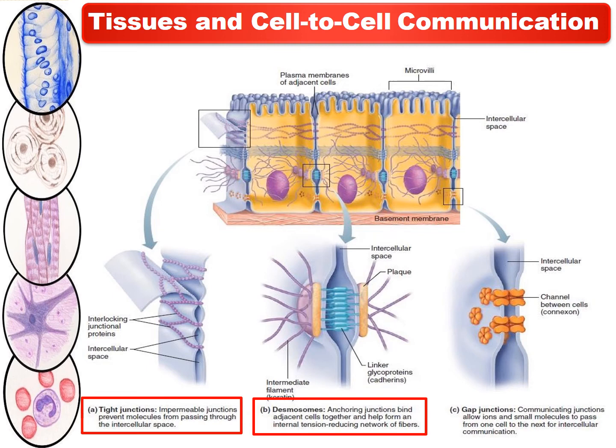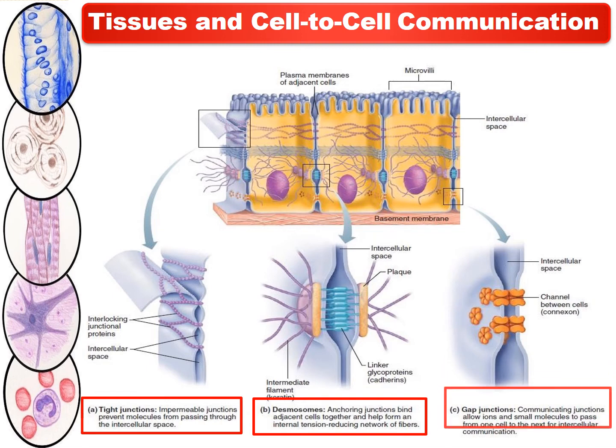This desmosome is an anchoring junction that binds adjacent cells together and helps form an internal tension-reducing network of fibers. It is mainly due to the intermediate filaments and the linker glycoproteins.